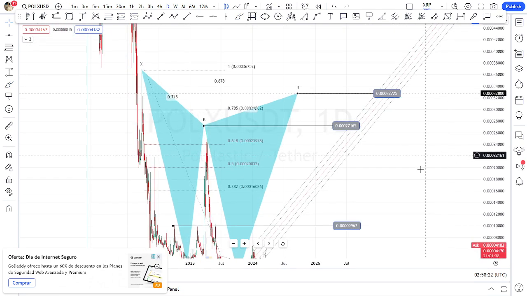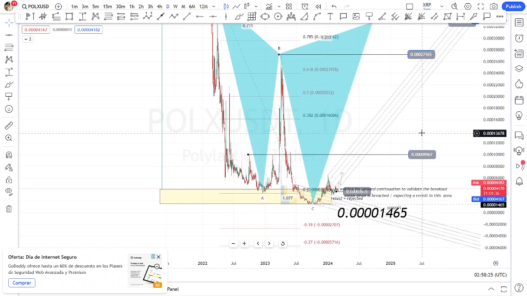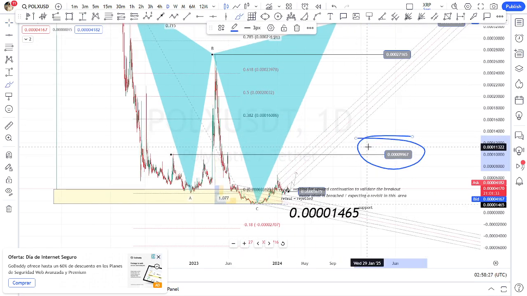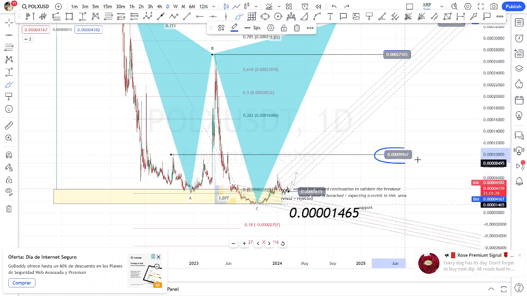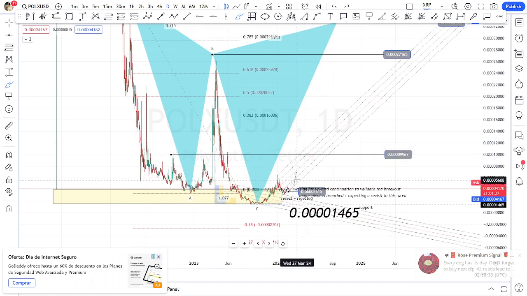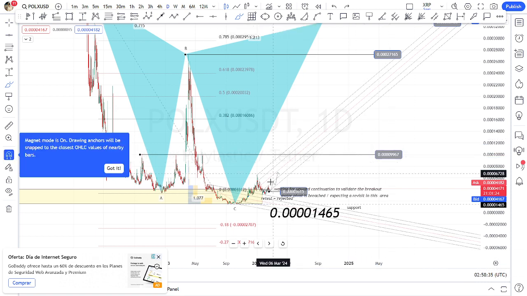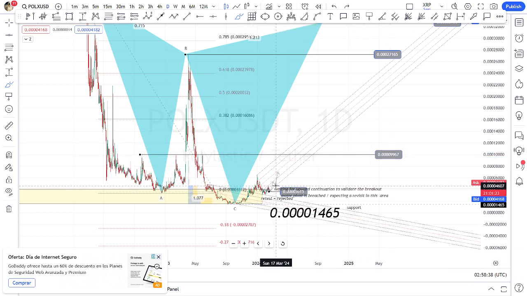Now again, let's focus here first, since this is not yet breached. It is not yet broken, and not yet reached by the price.